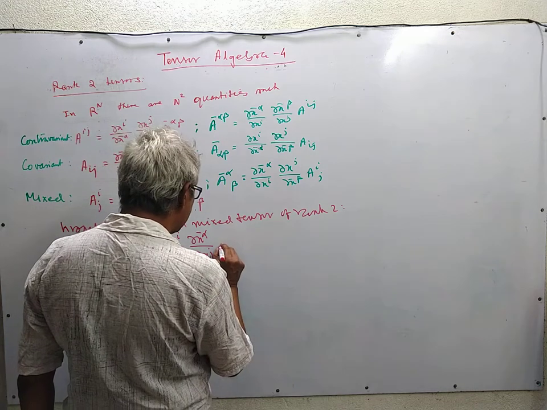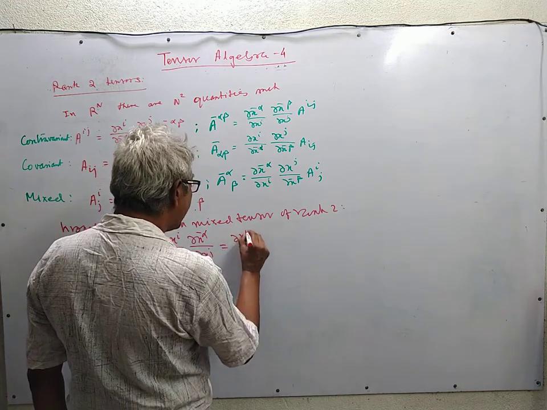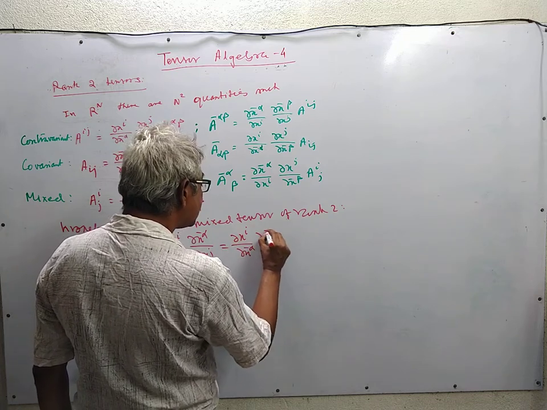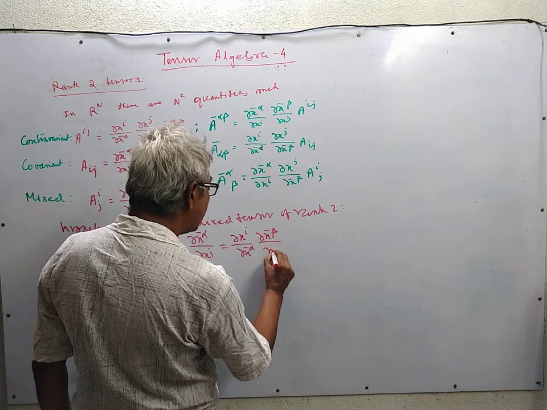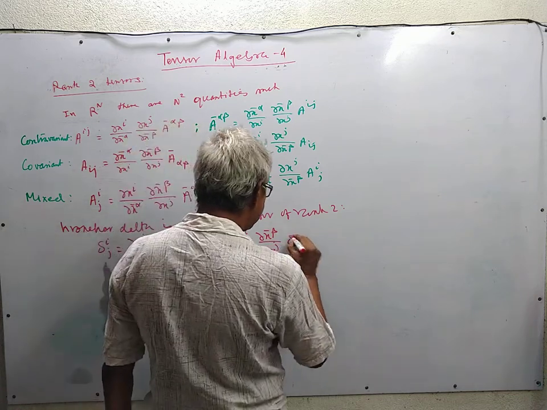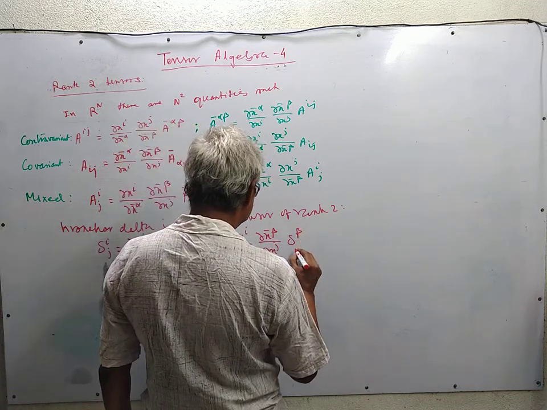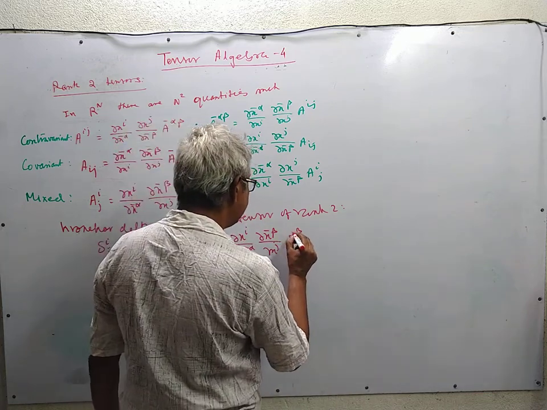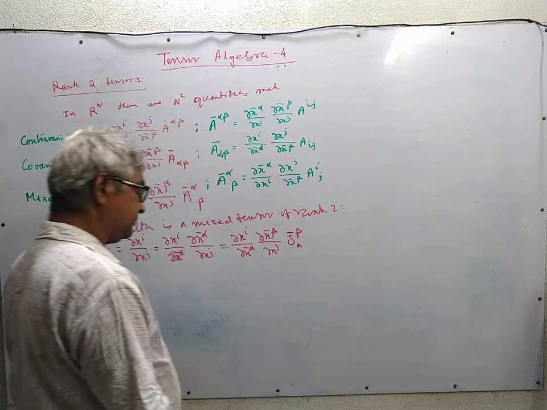We further rewrite it as del xi del x bar alpha, del x bar beta del xj, and there is a delta notation beta alpha, and it is in barred system.